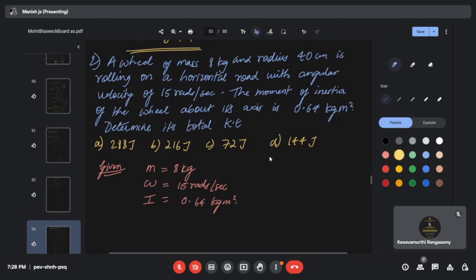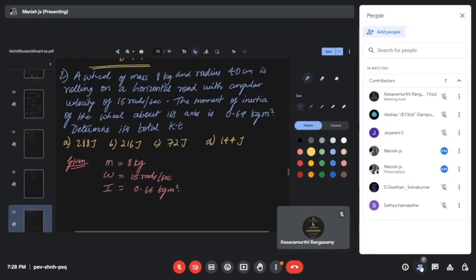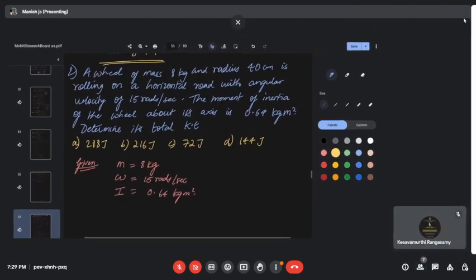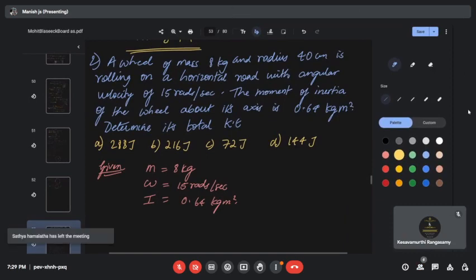Now, as per the given data, we have mass, we have angular velocity, and we also have moment of inertia. And they are asking us what is the total kinetic energy. So we need to calculate the kinetic energy in this case. How can we approach this question?